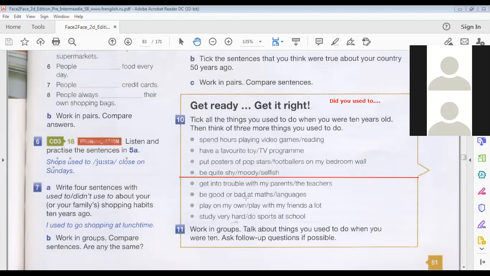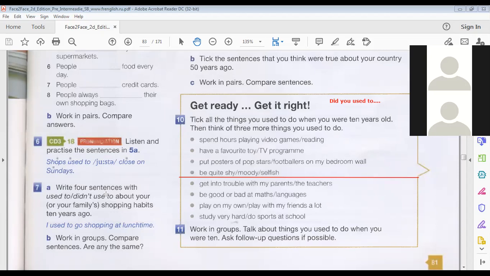Okay. Did you used to spend hours reading? No, I didn't. Did you used to have a favorite TV program? Yes, I did. Did you used to have a favorite toy?